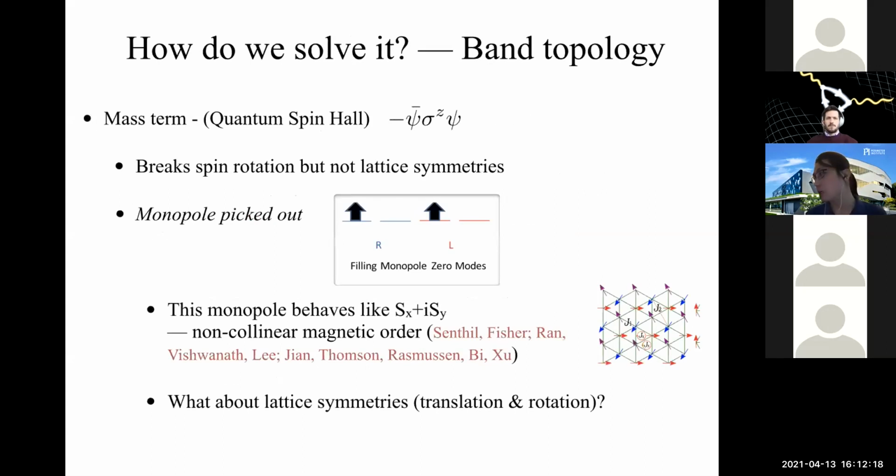And let me briefly tell you how we solve this problem. You can find more details in our paper. It turns out the way to solve it is to use a set of techniques developed in another corner of condensed matter physics over the past two decades, which is band topology.